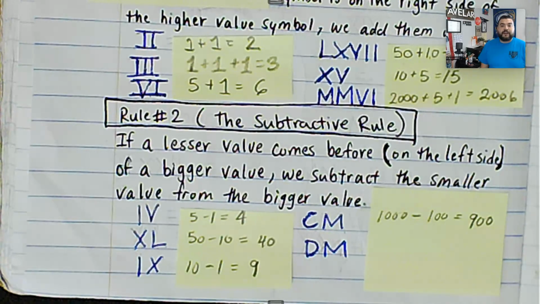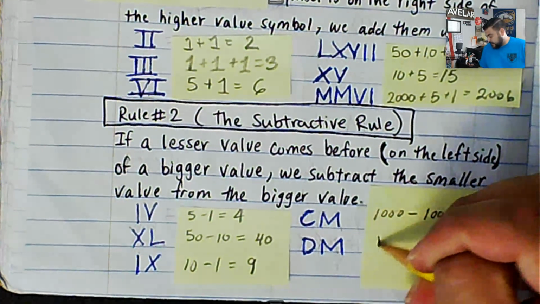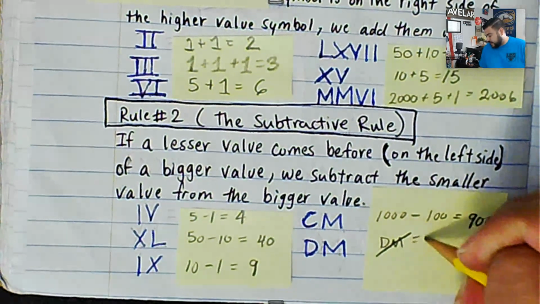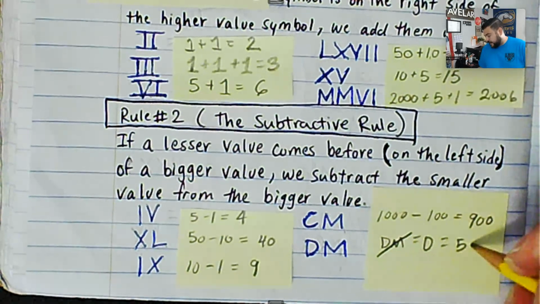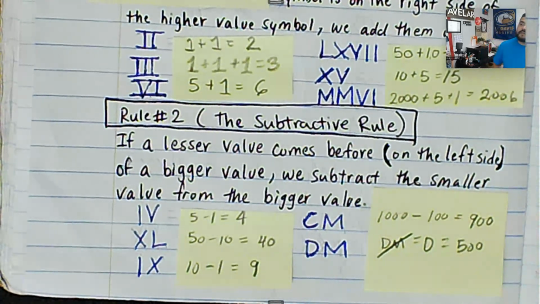D equals 500. But there's a simple way to write 500. Just D. So DM is just D, equal to 500. Oh, I get it. Because 1,000 minus 500 is 500. So it's D anyways. So why write DM?